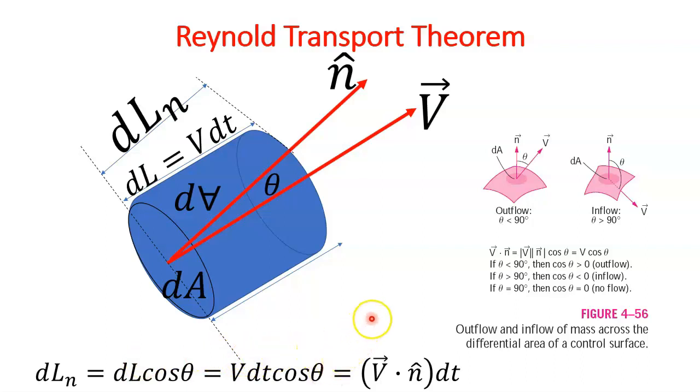We can conveniently write this using vector notation as v bar dot n cap dt. So this component is represented nicely using the dot product.